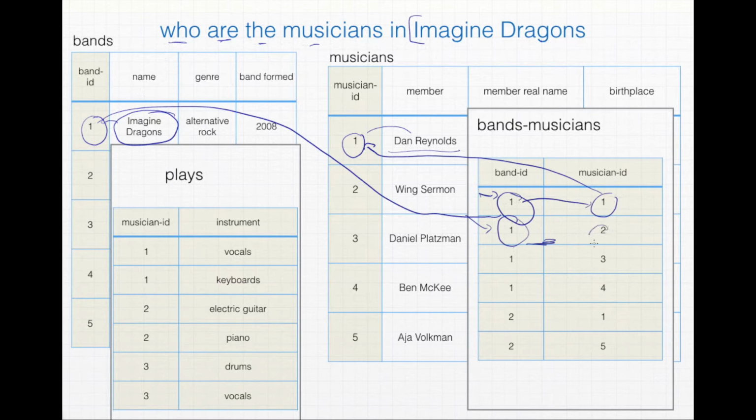We find the musician ID 2. Off we go into the musicians table, find Wing Sermon, and we continue with all these ones here, looking up each musician ID in the musicians table. So you see that for one query, we're using 3 different tables in our database.